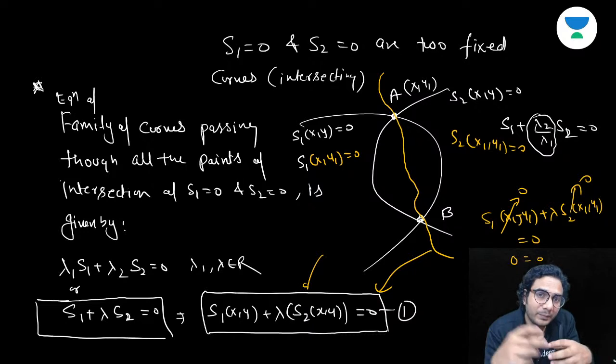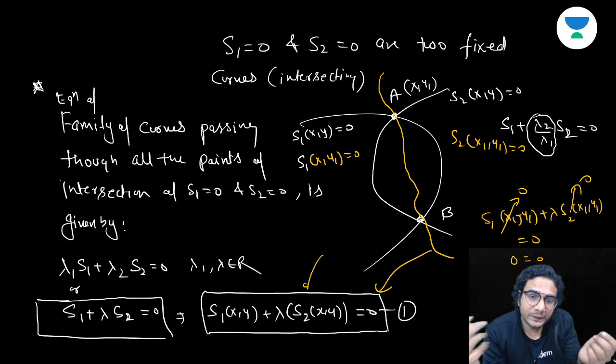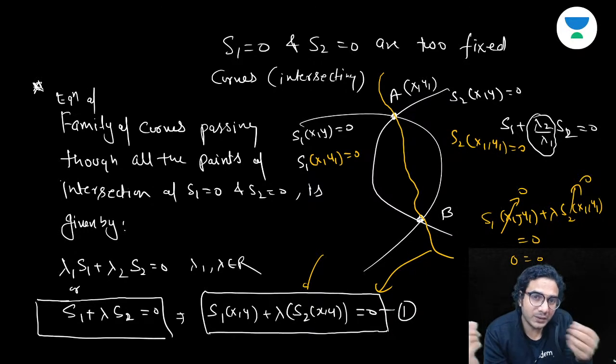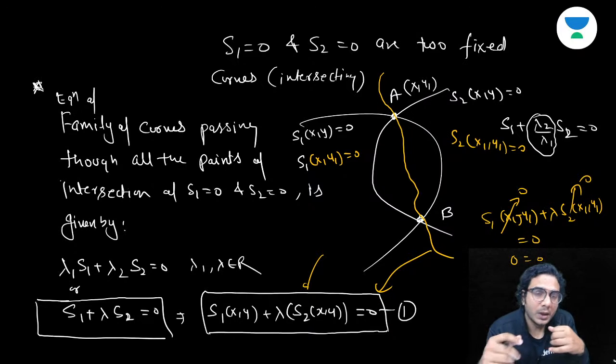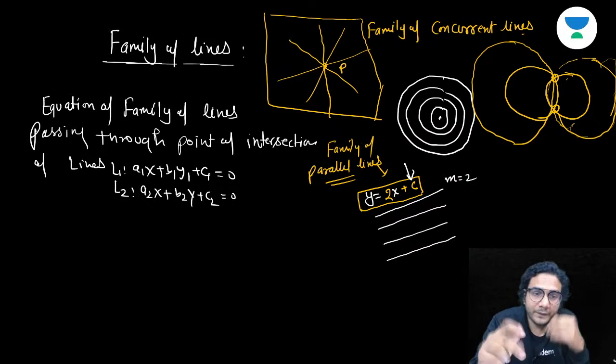In that family, there might be some members which are circles, or there might be a line. So when you write S1 plus lambda S2, you have to say it is representing a family of curves passing through the points of intersection of S1 and S2. But when you're adding two lines, you can call it a family of lines. You don't need to call it a family of curves, because you know that every member is a line.